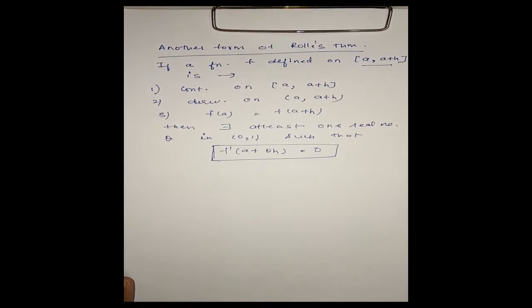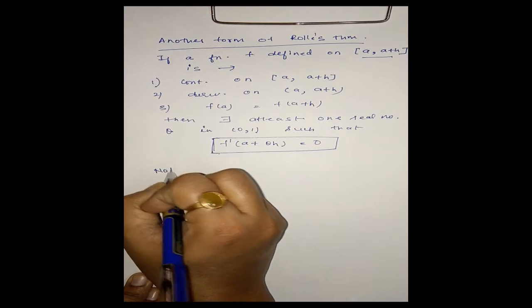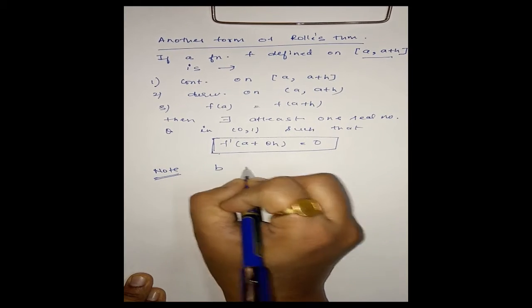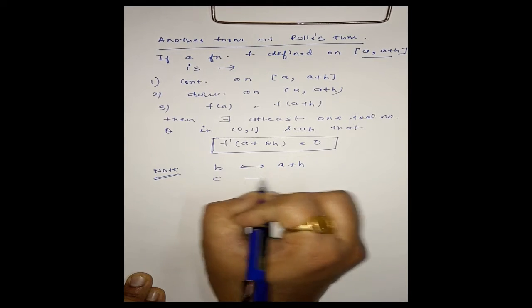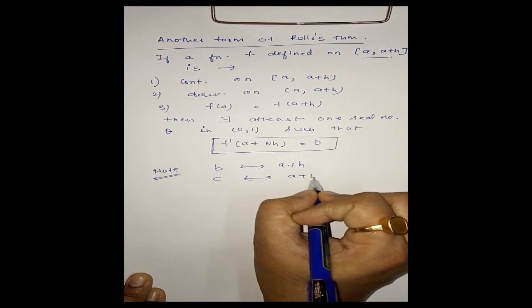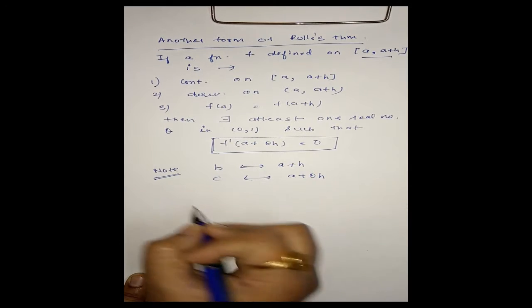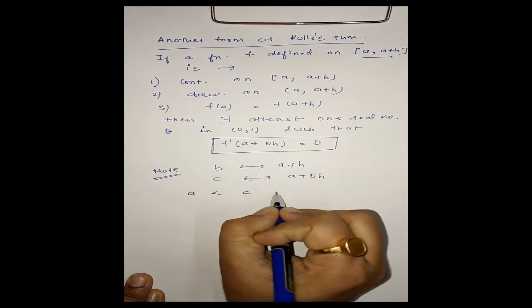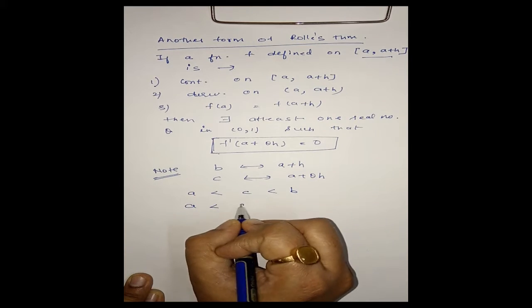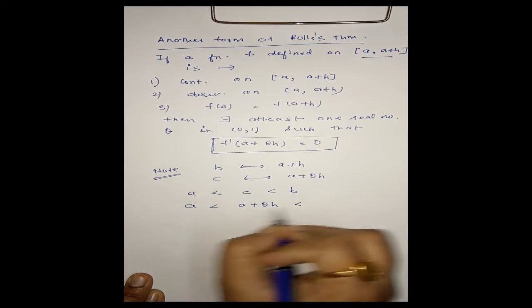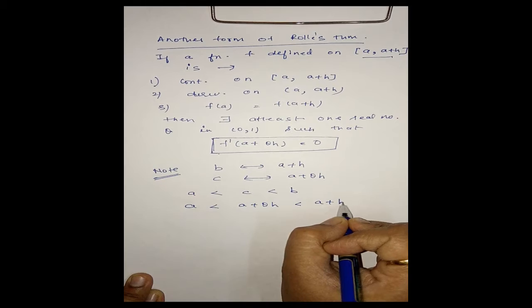Here we note that b is replaced by a plus h and c is replaced by a plus theta h. Now c lies between a and b. That means a plus theta h lies between a and a plus h.